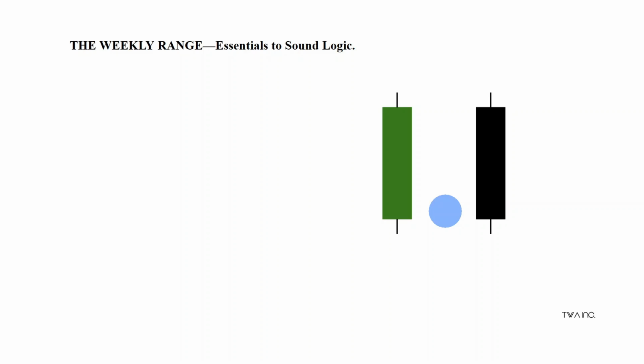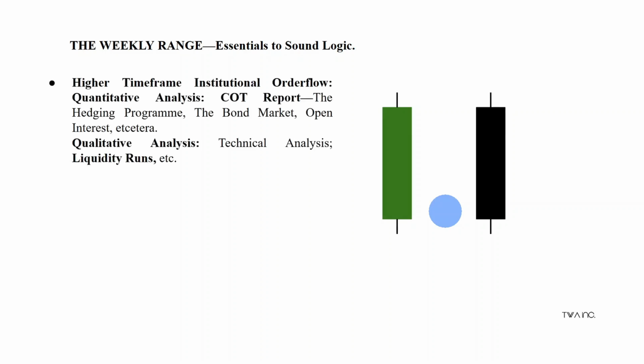Okay, now that being said, the first one is the higher time frame institutional order flow. And whenever we talk about the higher time frame institutional order flow, I don't know how you perceive what the order flow is.